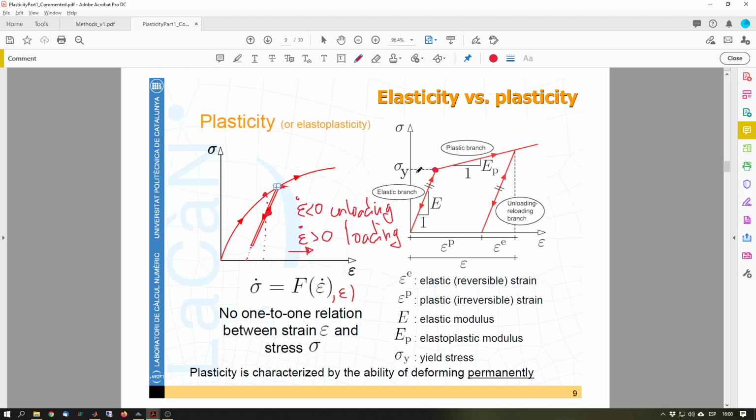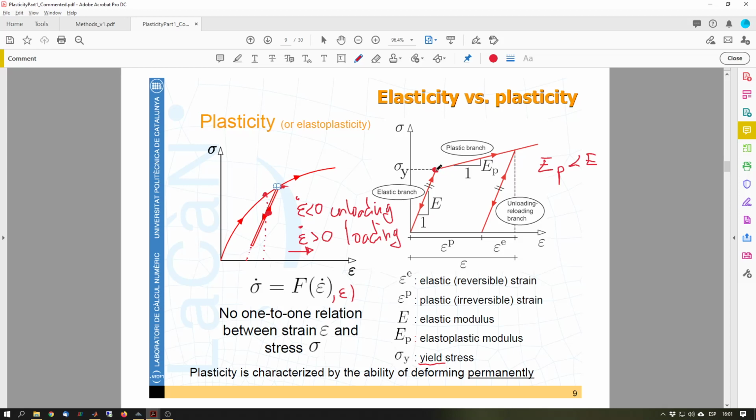That would be beyond this yield stress. This is called the yield stress, beyond which we lose the linearity. Beyond that value we change the slope, and this elastoplastic modulus is smaller than my initial elastic modulus.